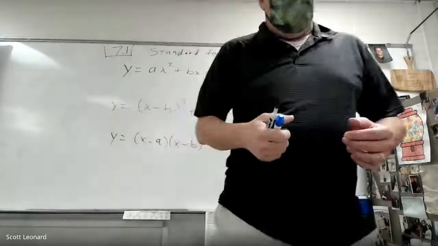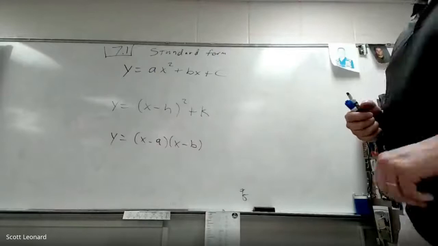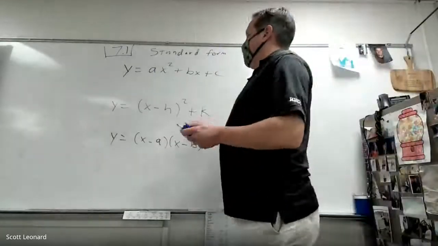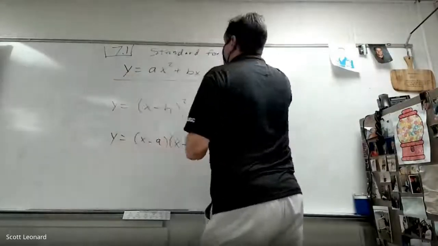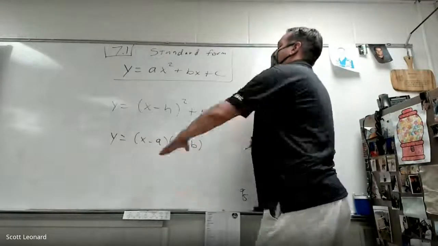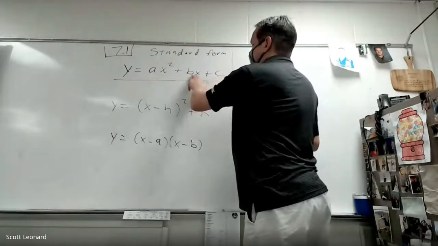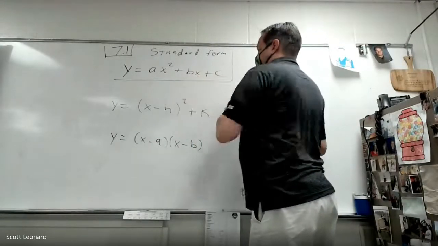Okay, we're going to spend 1 week on each. The week we're working on right now is 7.1. We're going to have equations that look like this. We're going to have an x squared, a constant, and a variable with x.